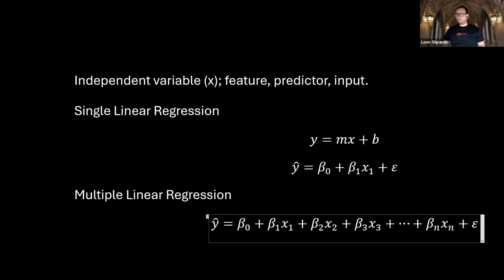And it goes on. Well, not until infinity, but it has to be a reasonable amount because you can only have so many independent variables. But the idea is that you can have multiple independent variables, x sub 1, x sub 2, x sub 3, and so on and so forth. It's really the same equation. And your coefficients are here. Those are your betas.